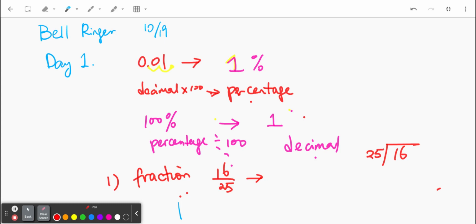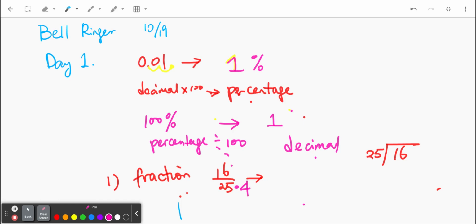How do you change the denominator into 100? 25 multiplied by what is 100? 4. Okay, 25 times 4 is 100. So if you want to change the denominator into 100, you multiply by 4 at the bottom.